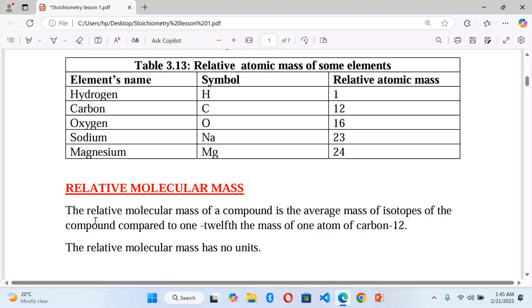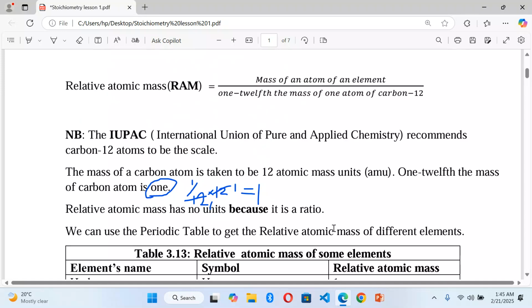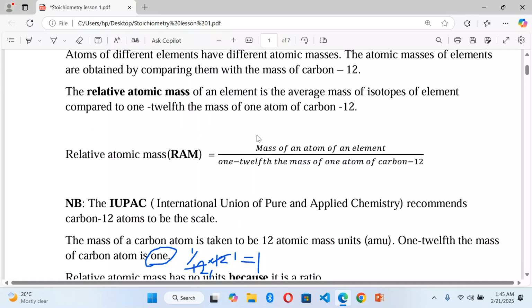In this case, the relative molecular mass of a compound is the average mass of isotopes of the compound compared to 1/12 of the mass of one atom of carbon-12. When you look at atomic mass, it is the average mass of isotopes of an element.